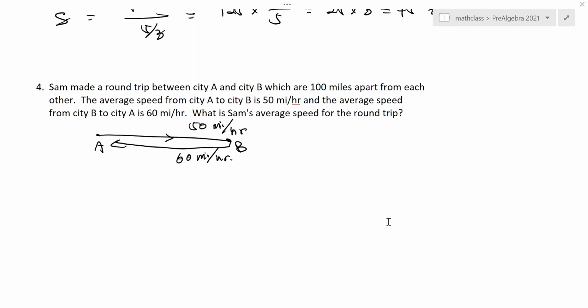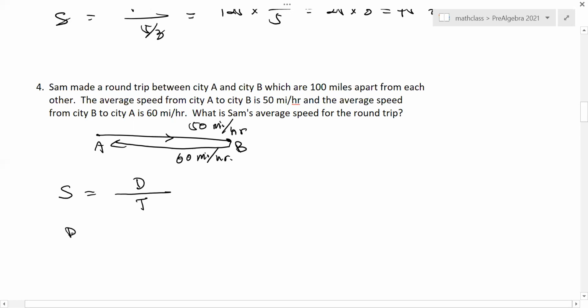All right, let's see how we do this problem. According to the definition, speed is distance divided by time. So you have to figure out the distance and the time. The time is not given, but the distance is given. The total distance is going to be 100 plus 100 equals 200 miles.